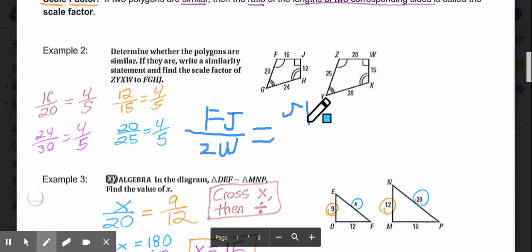So JH over WX. And then you would set that equal to the next two that we did over here. So it'd be GH over XY, and then that would be equal to GF over YZ.